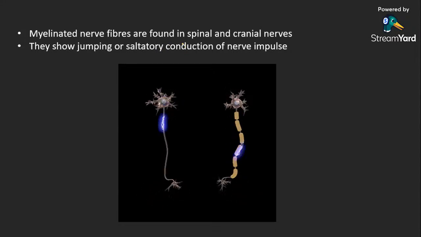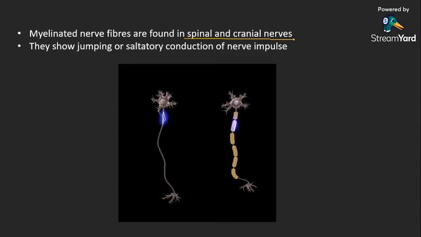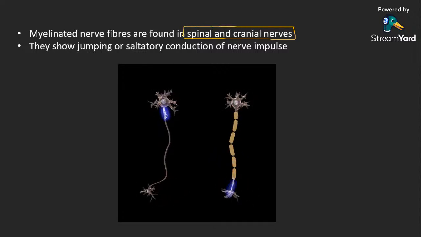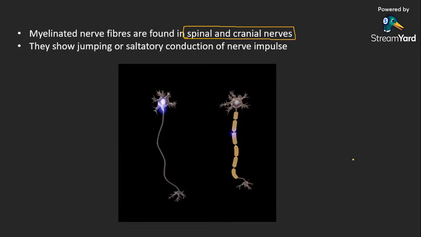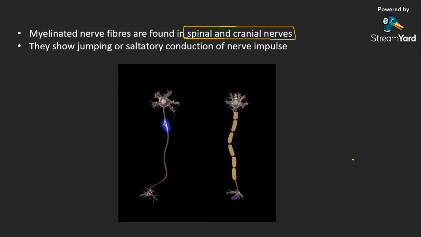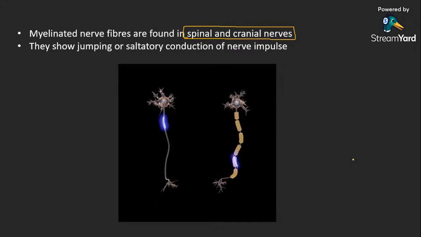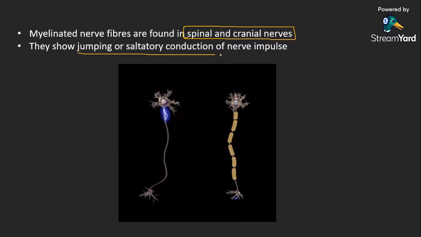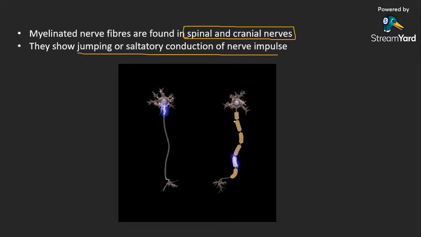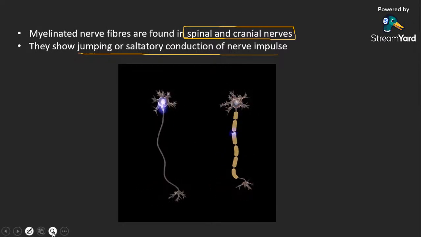Myelinated nerve fibers are found in the spinal and the cranial nerves. They show jumping or saltatory conduction. Just look over here, guys. I will zoom the image for you.